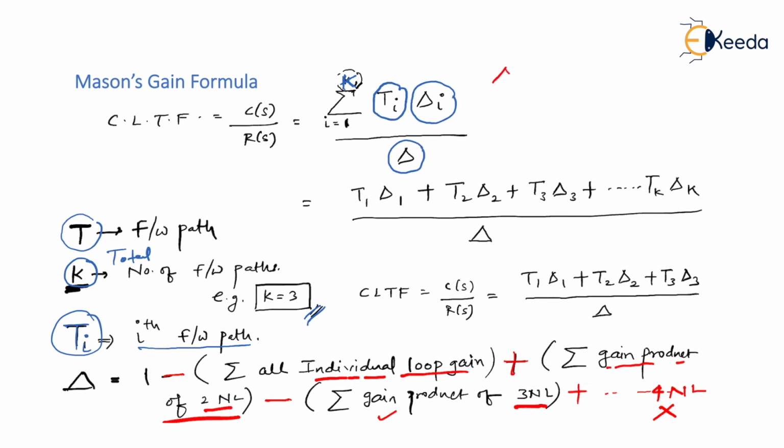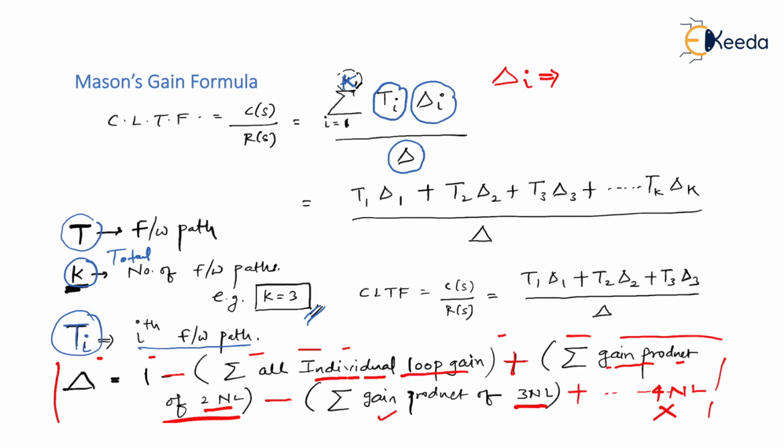So let us understand what delta i is. Delta i is obtained from delta itself. When I say delta, I'm again talking about this formula. So delta i is derived from delta only, removing those loops which are touching the ith forward path.